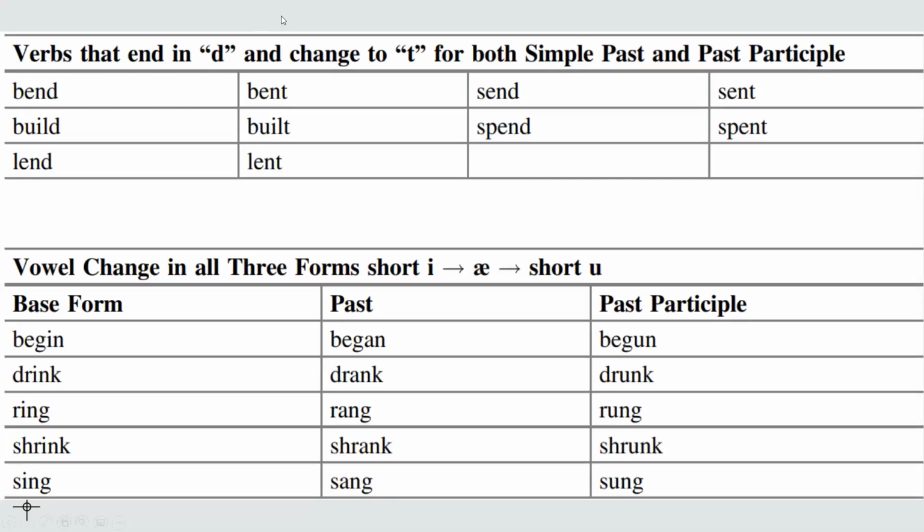And we have another group where the short I in the base form changes into A and U. A, that is the short A for the past tense, and U for the past participle. Example, begin, began, begun. Drink, drank, drunk. Ring, rang, rung.